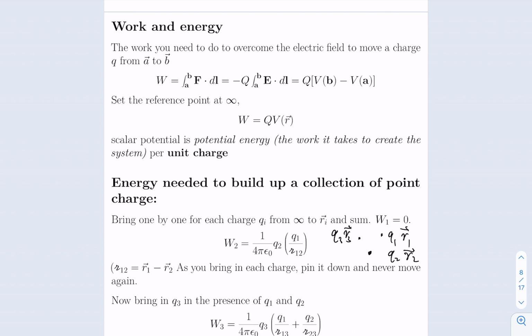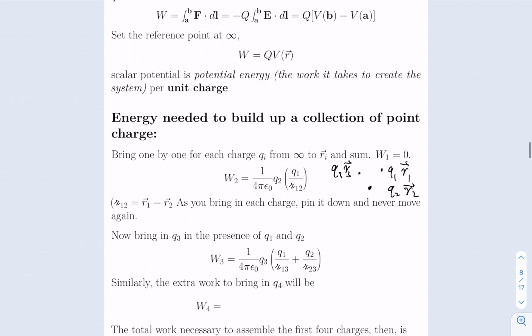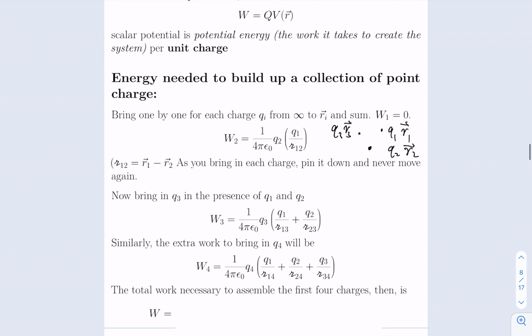And this expression can really go on and on, and the expression to bring a fourth one will have 3 terms, the first term due to Q1, second term due to Q2, third term due to Q3. Now you really find out a pattern, right?